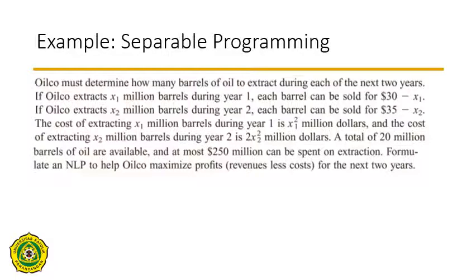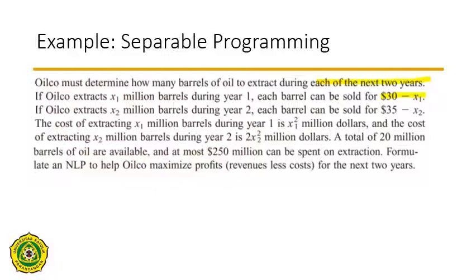Now let's see an example of a nonlinear programming problem, which later we will see is a separable programming problem. In this example, an oil company must determine how many barrels of oil to extract during each of the next 2 years. The oil that is extracted in the first year can be sold for $30 minus x1.